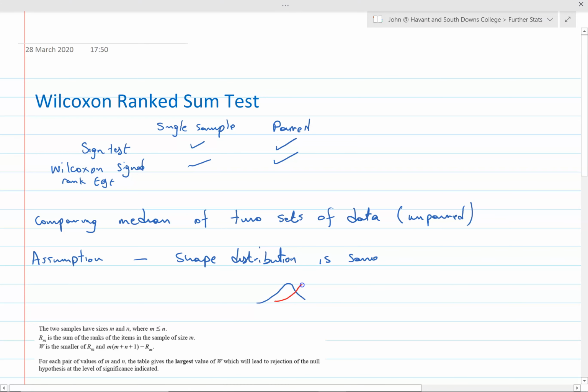They differ in the median, so they differ in position, possibly, which is what you're trying to test. That's what we are conducting hypothesis tests for.